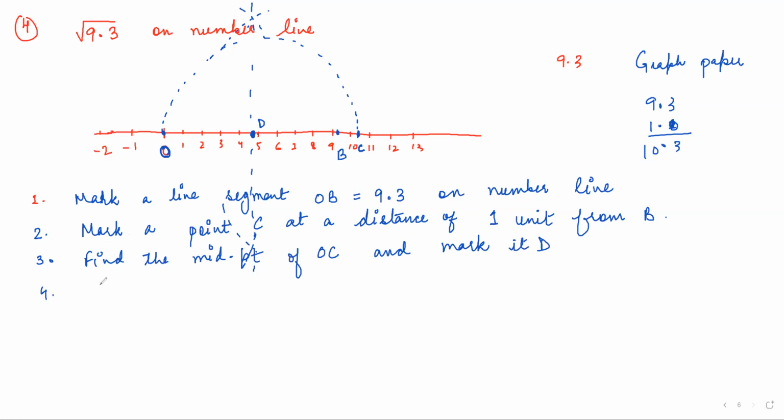Then fourth, draw a semicircle with DC as radius.